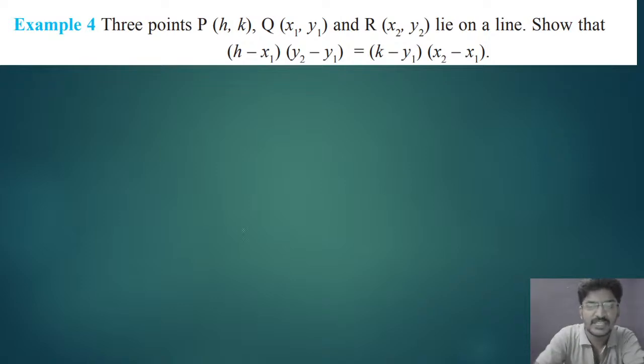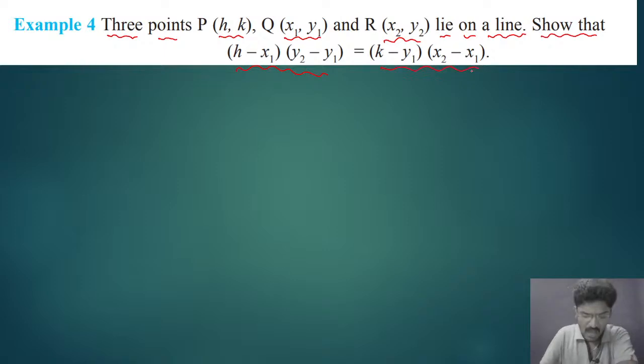Let us go for the example. See this example. 3 points (h, k), (x1, y1), (x2, y2) lie on a line. Show that LHS is equal to RHS.